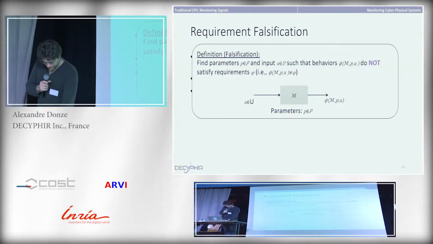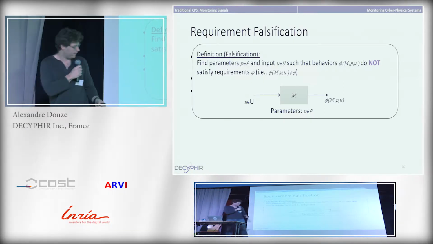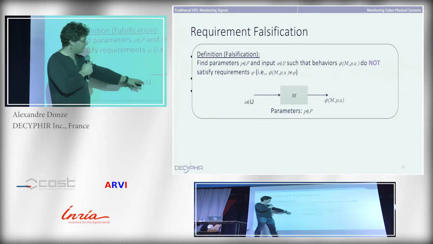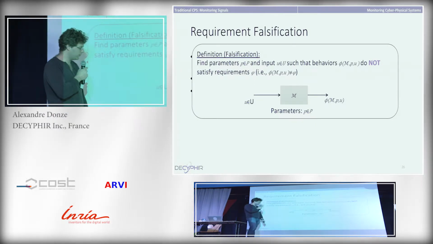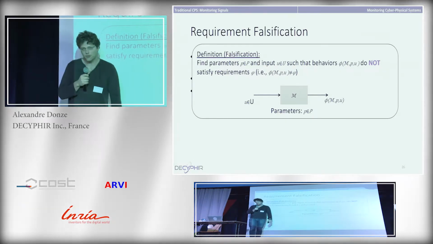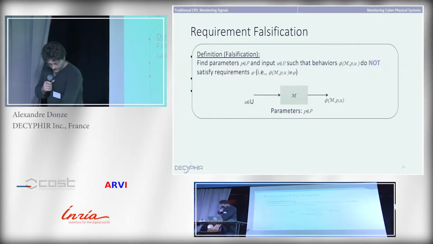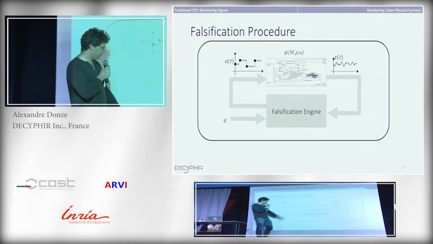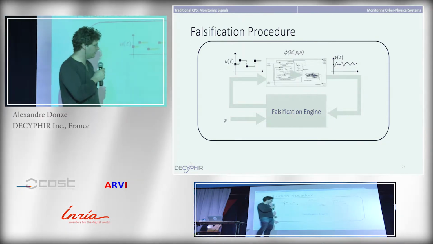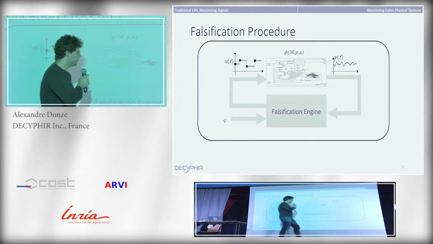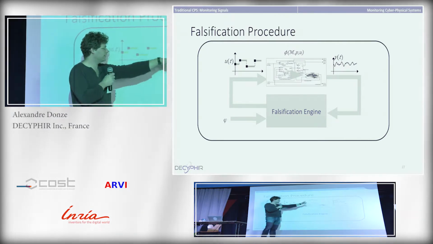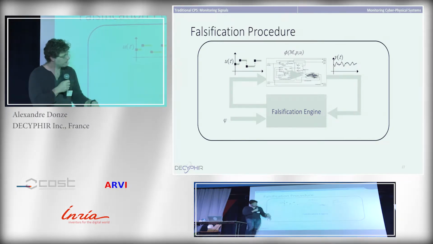So you have a model. You can give this model some input, and this input produces some output. The question is to find which input is going to violate the requirements you're looking at. The goal is to design this falsification engine that will collect the output of the system, create a new input, send it, analyze it, etc., until something is found.